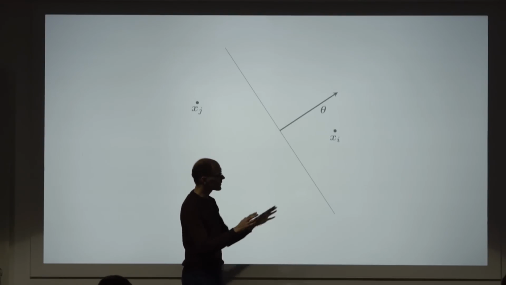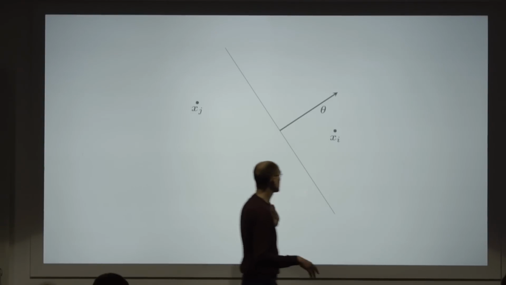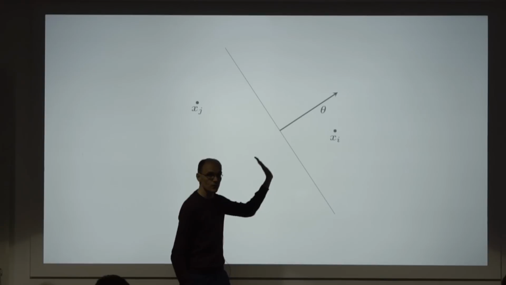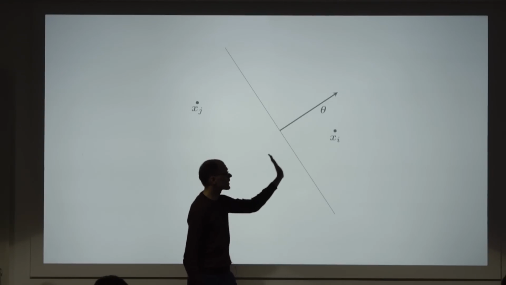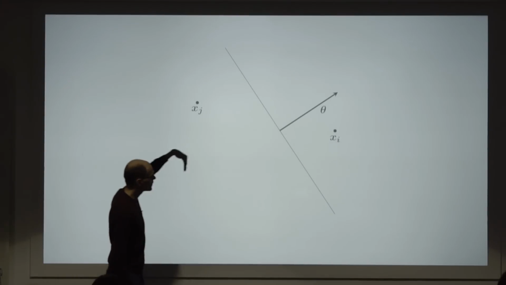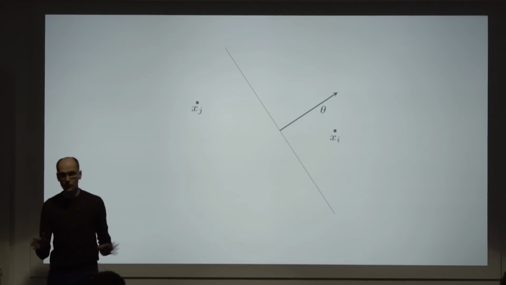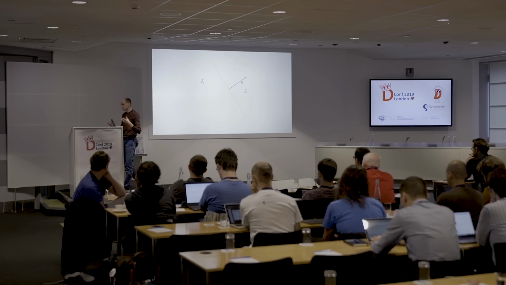And now you can already see this classification thing: everything to the right of this is going to be labeled with one label, let's say apples, and everything to the left of it, these are going to be the oranges. So this is why we express it like this.